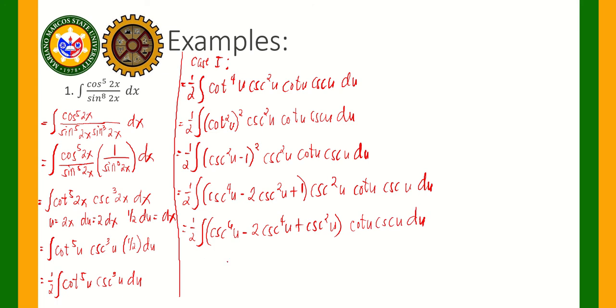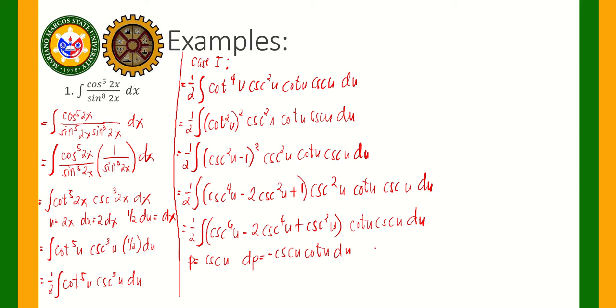So from here, let us assign a variable again. Let P be equal to cosecant u. So our dP will be equal to, what is the derivative of cosecant? That is negative cosecant u cotangent u du. So to omit the negative here, it becomes negative dP.